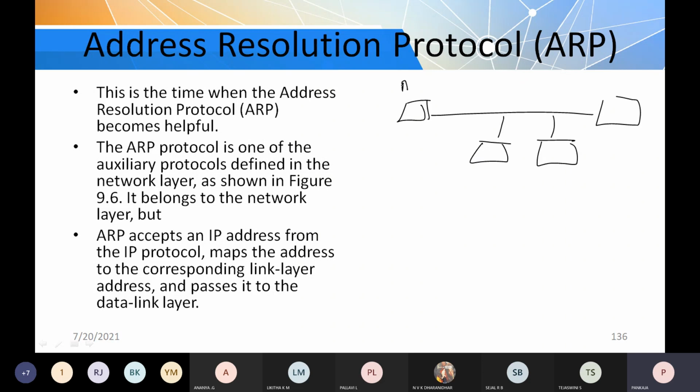Consider this is A, this is B, this is C, and this is D. Now whenever device A wants to communicate with D, it should know its IP address and also its MAC address. I'll use the terms interchangeably; it is called the physical address.